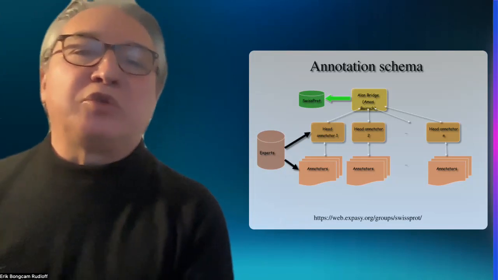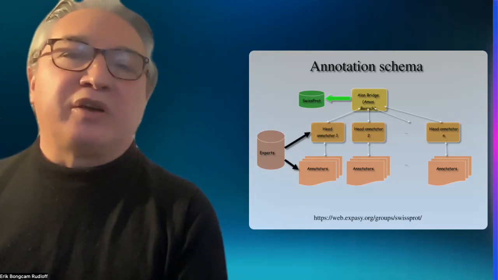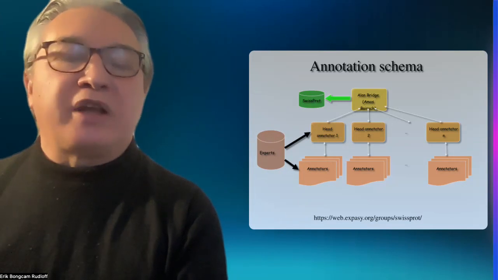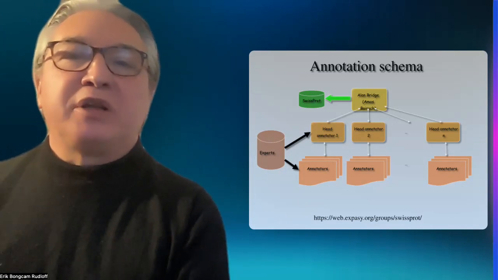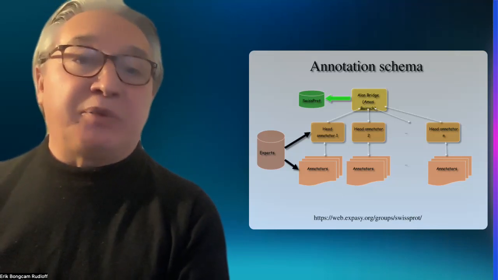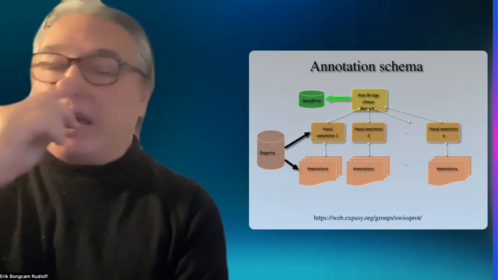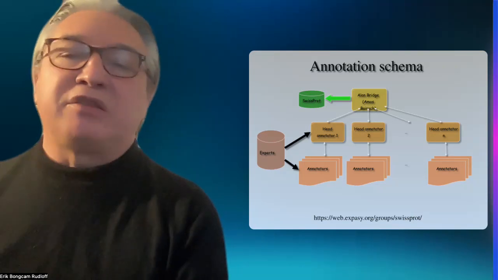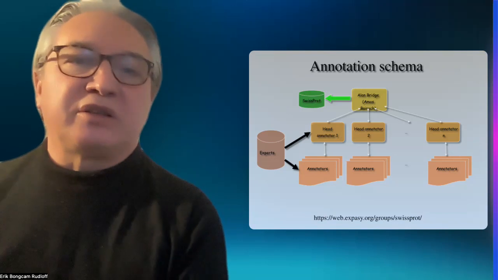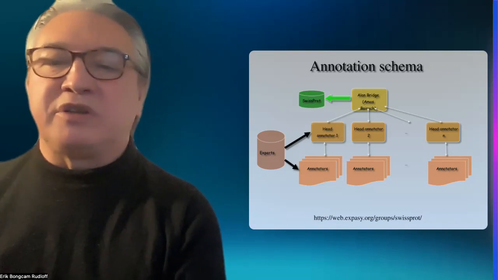And that goes to the head of Swiss-Prot, and it's only the head of Swiss-Prot who puts this new sequence with all the information in the database. It used to be Amos Bairoch, but he's now doing other things, and now it is another researcher who took over the head of this work.